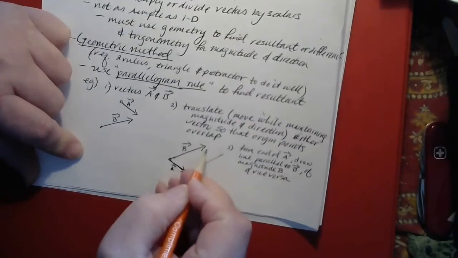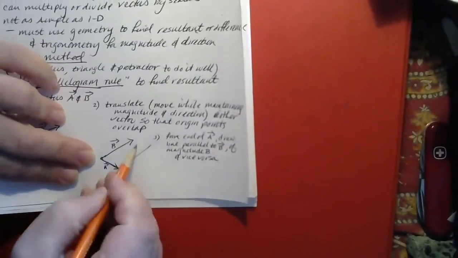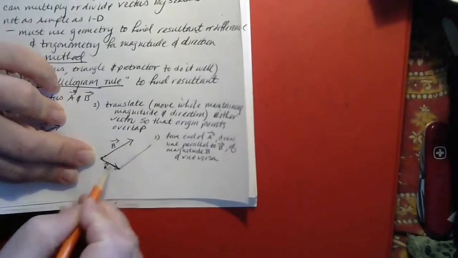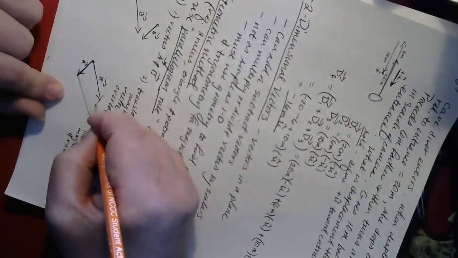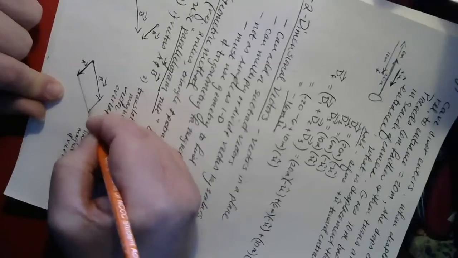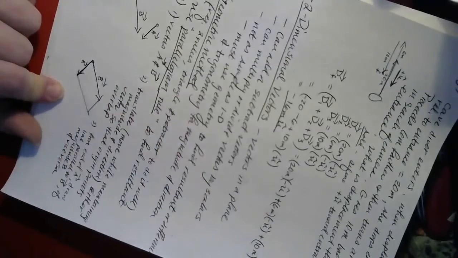And then you do the same thing from B. The head of B, you draw a line parallel to vector A and of the same magnitude as vector A. So you end up with something like that.